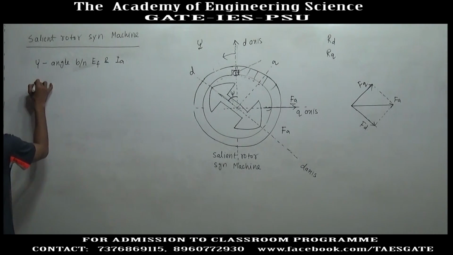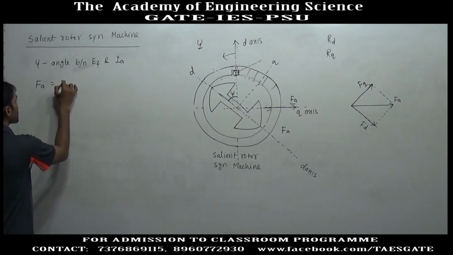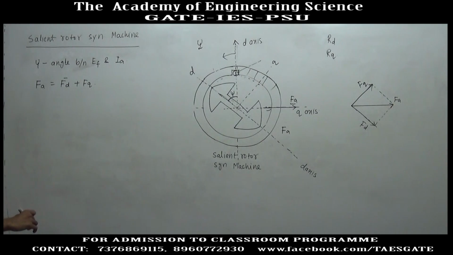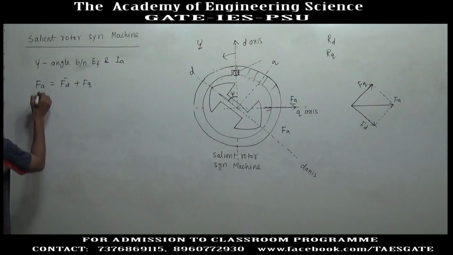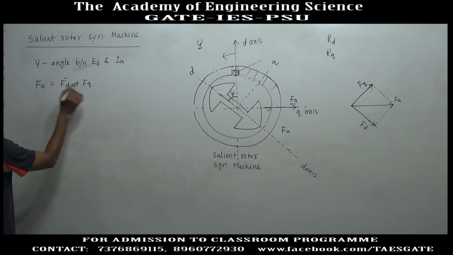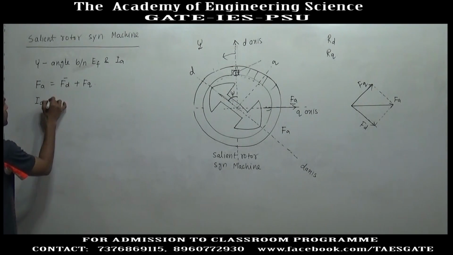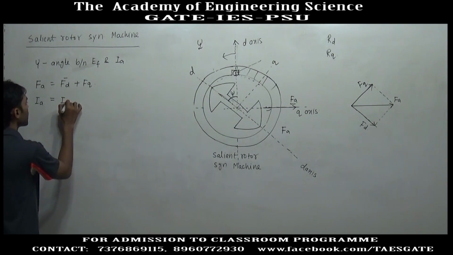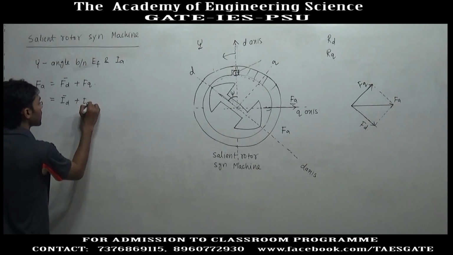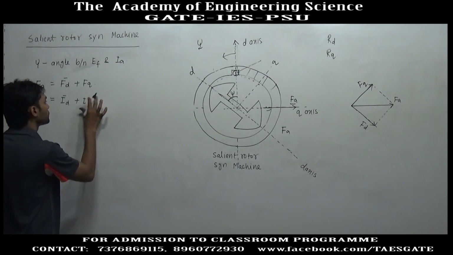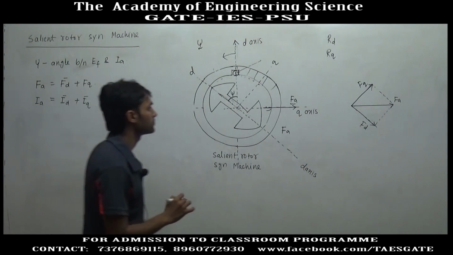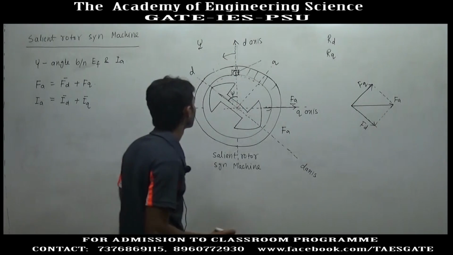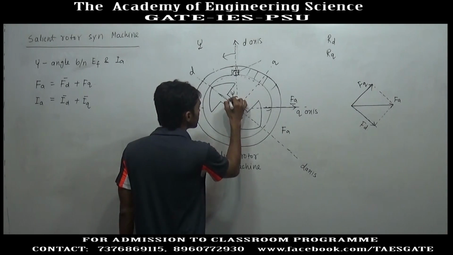So, FA will be written as the vector sum of FD plus FQ, as MMF and currents are linearly related. If you divide by the number of turns or the same constant, we can also say the armature current is divided into two parts, ID plus IQ. And what is the angle between FA and FD? This angle is psi.